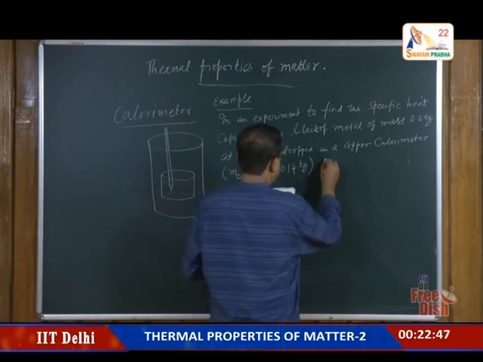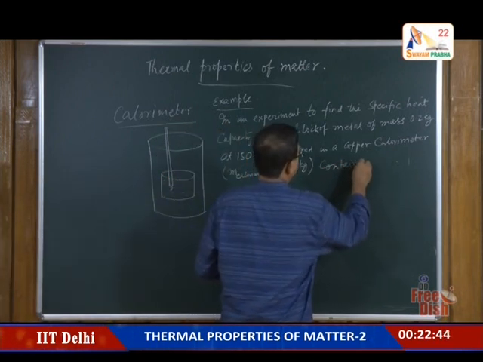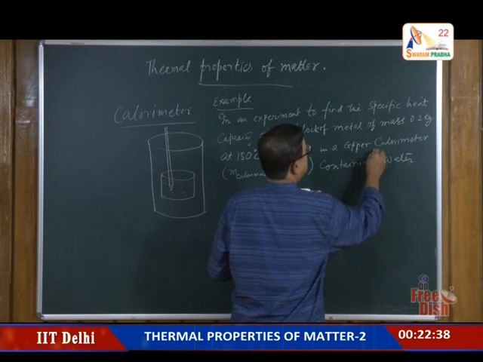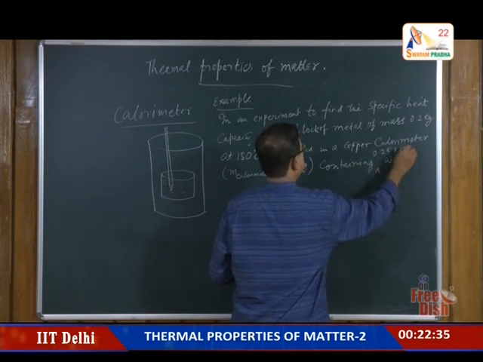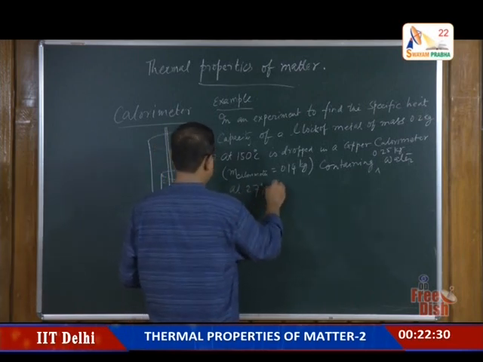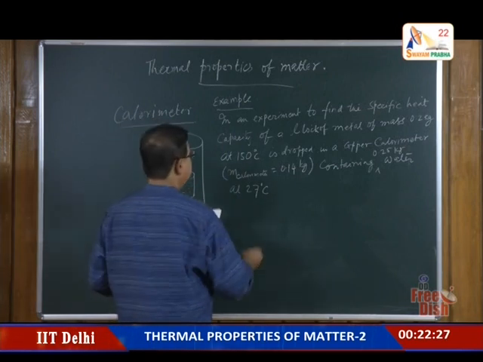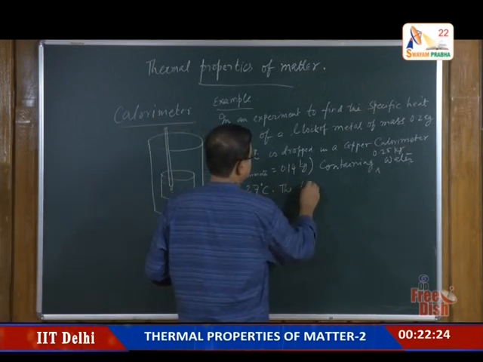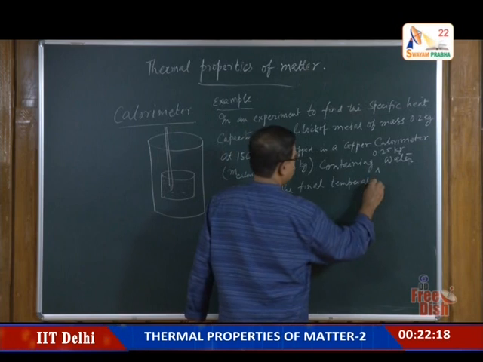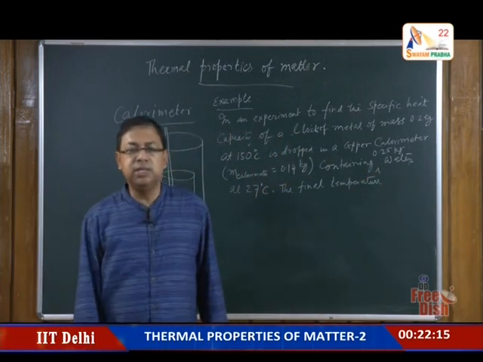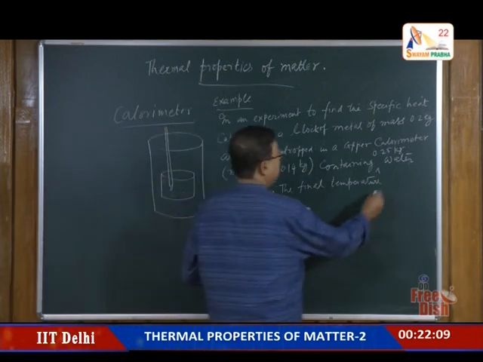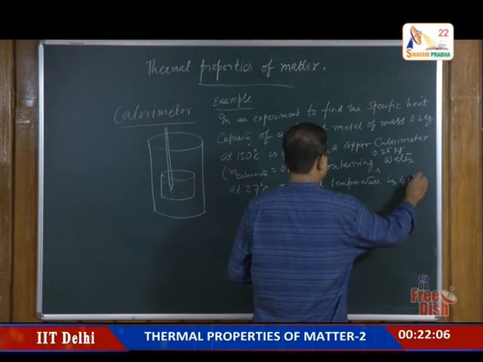And this calorimeter containing 0.25 kg water at 27 degrees centigrade. The final temperature, so this final temperature means that after the thermal equilibrium is established, is 40 degrees centigrade.